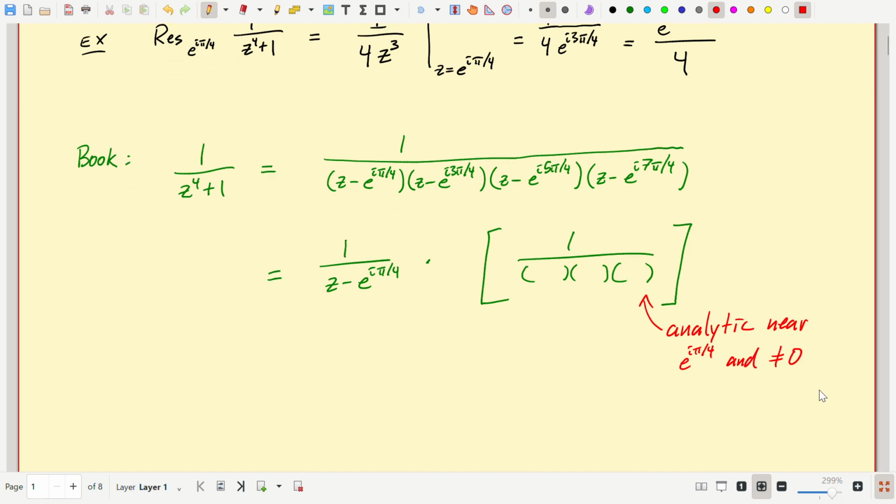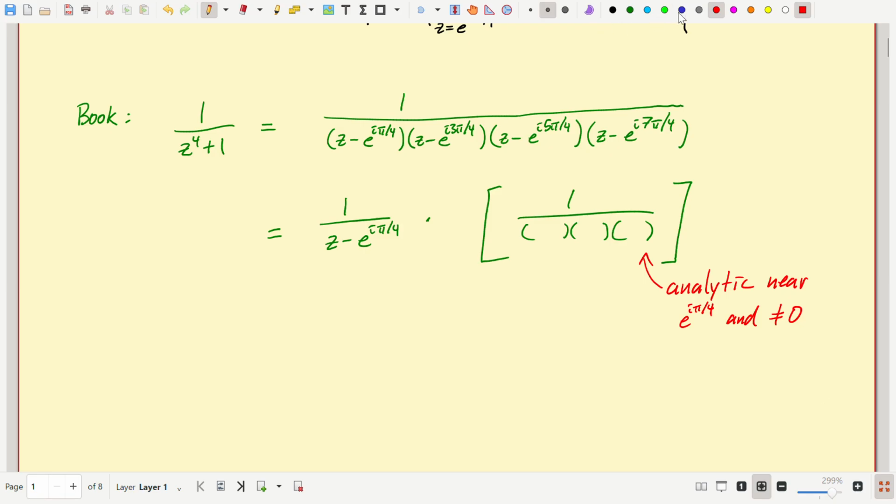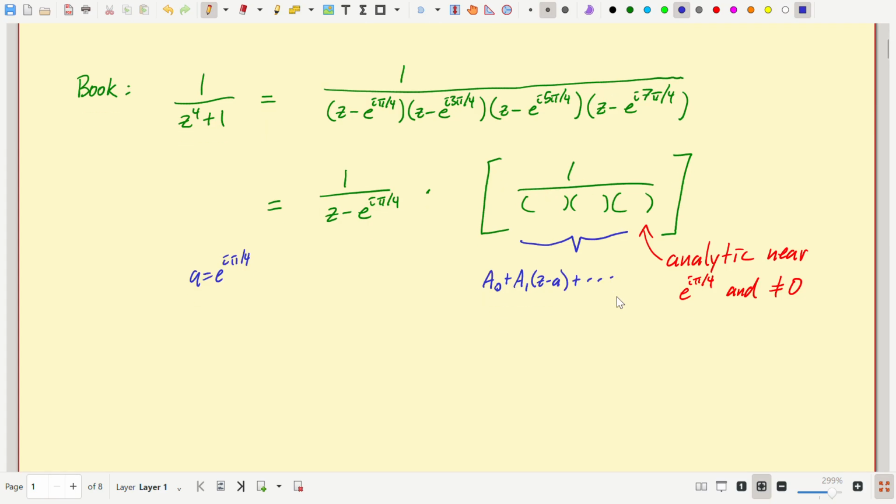And so it has a power series expansion, namely, let me call a equal to e to the i pi over 4, a naught plus a1 times z minus a plus ... And so when you distribute that first term through, you'd get the residue term staring you in the face. And then the rest would be regular power series.